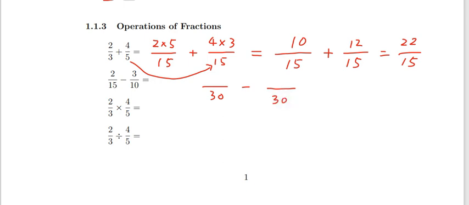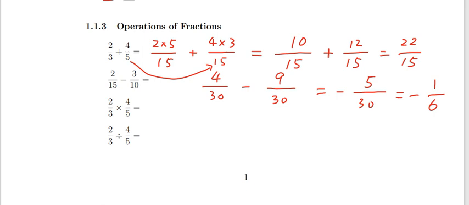From 15 to 30, we multiply by 2, so here 2 becomes 4. From 10 to 30, we multiply by 3, so the numerator we need to multiply by 3. So this equals 4 over 9, 4 minus, so this is 5 over 30. This one we can simplify to 1 over 6.